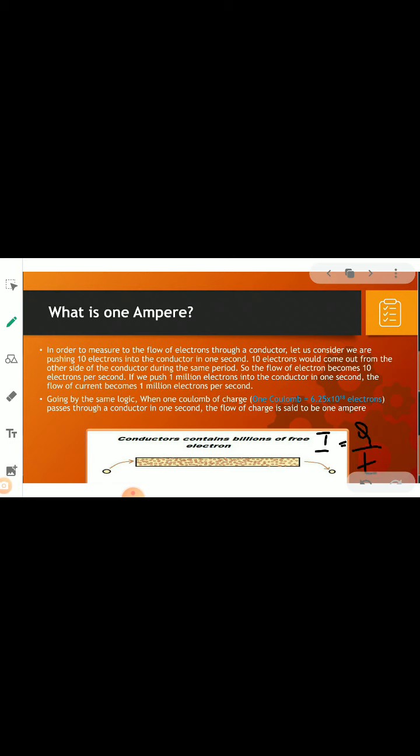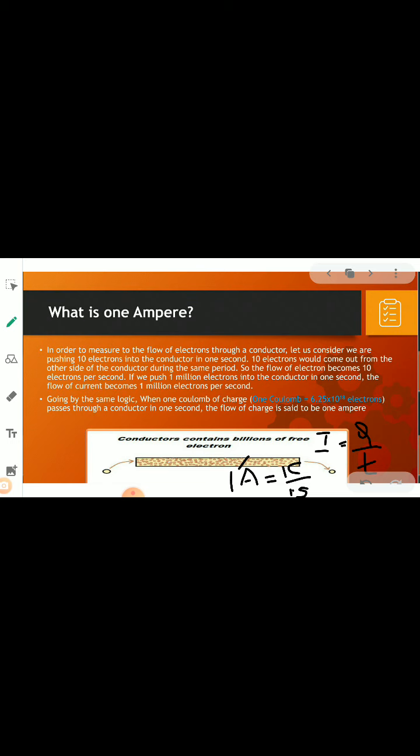You all know the unit of current is ampere. The unit of charge is coulomb and the unit of time is second. So add 1 here. Now you can easily define 1 ampere.